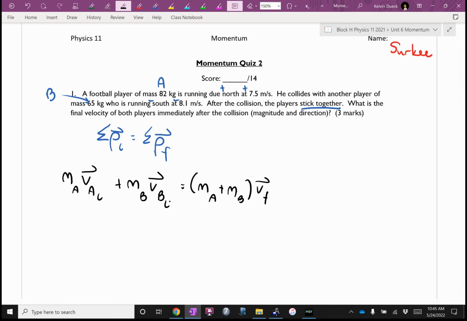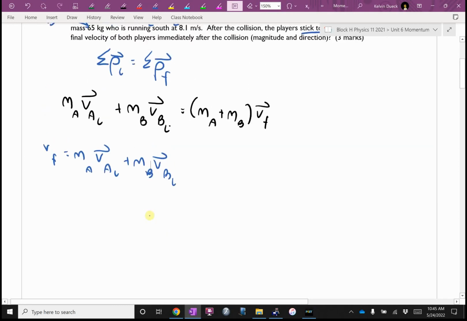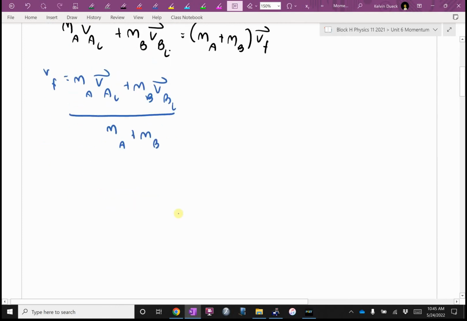Here they want me to find V final, so V final is going to be M A V A initial plus M B V B initial, all over M A plus M B. Now I would start to plug in numbers.